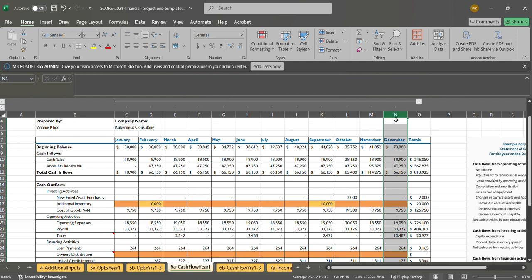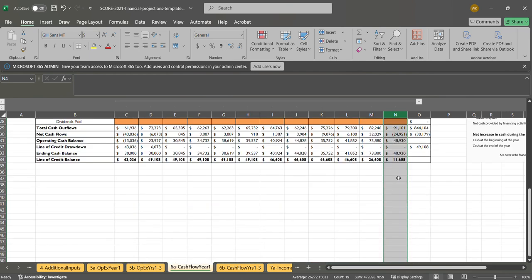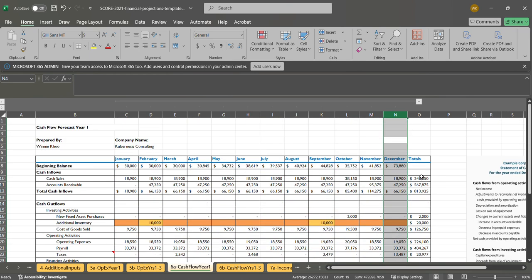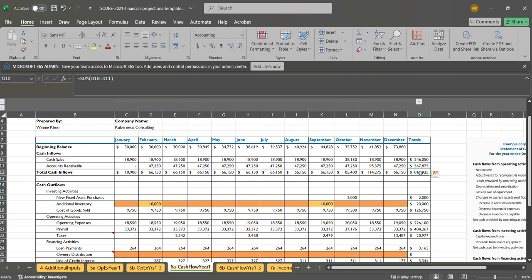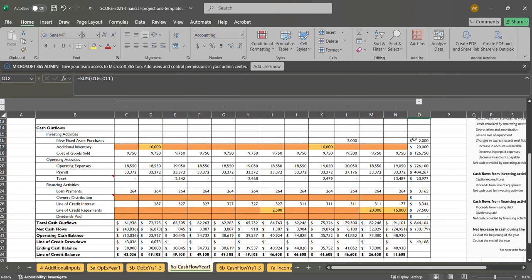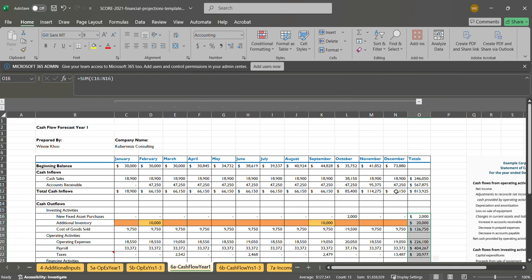So this is the ending balance, and then the totals is how much we're getting from every activity. So sales coming in here, we have, and then all of our expenditures here. So here we go. We've completed the cash flow for year 1.